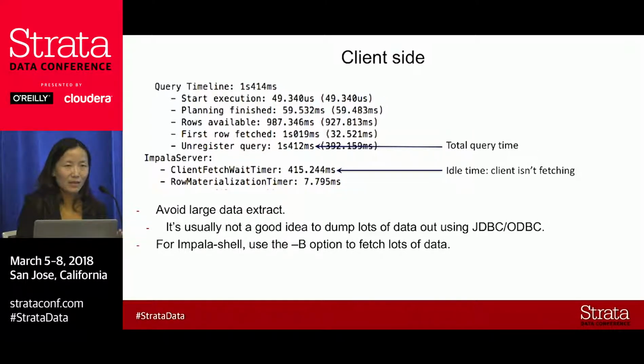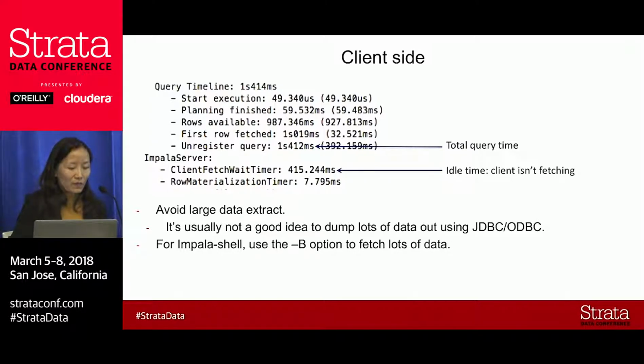If your client doesn't fetch, as we already discussed a lot, then the client waiting time can be very long. But during the waiting time, the Impala server doesn't really do any work. The row materialization time is for the final result. The Impala server has to combine them, format them, and present it to the client.